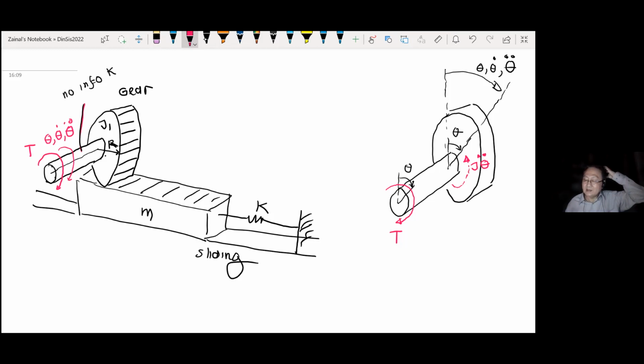This one tries to rotate clockwise, so there is a gear force tangential to this one. This one is F.